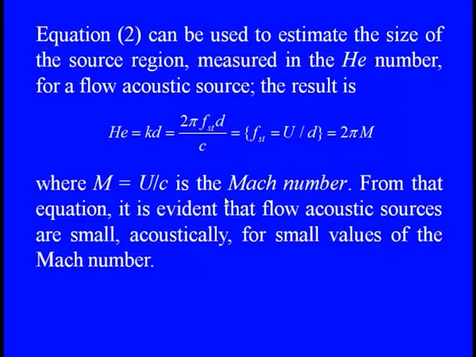So if we put those things into the He number, the He number is nothing but equal to kd, or 2 pi f0, where f0 is the rotational frequency, times the diameter d divided by c. Or else we can say this is equal to 2 pi m, where m, a very common quantity, is the Mach number U by C, and the flow is simply like from the acoustic source.